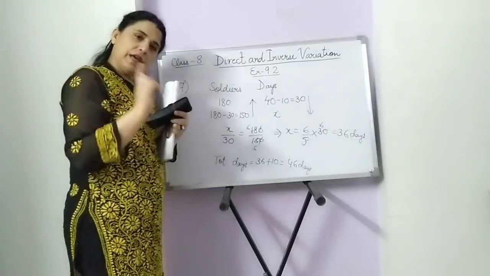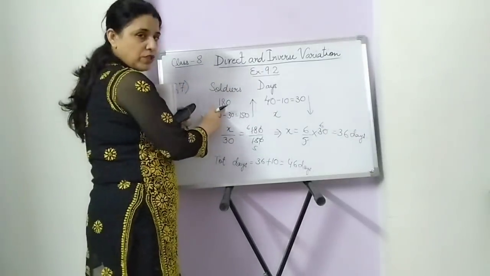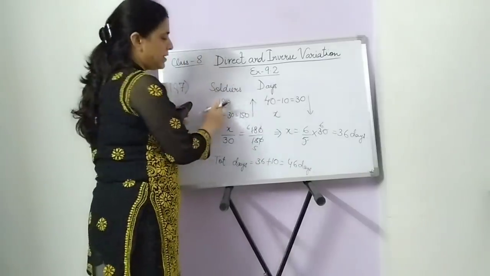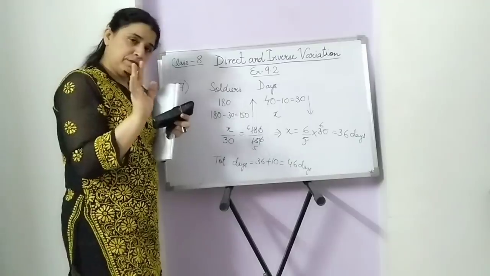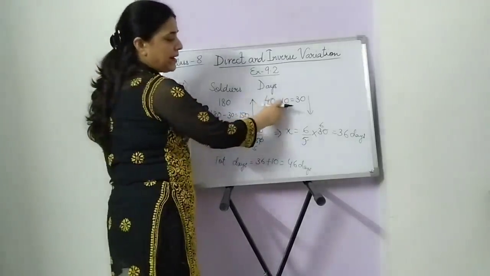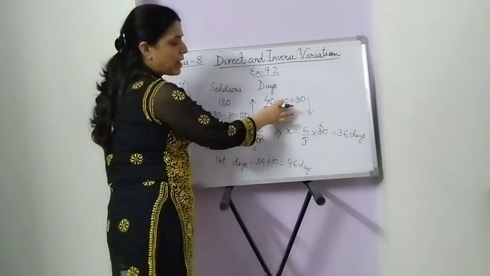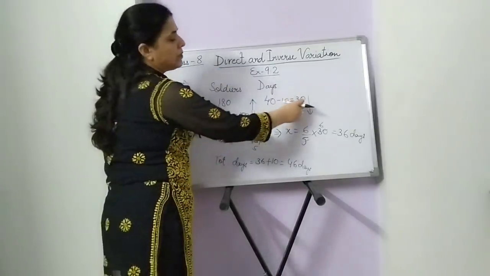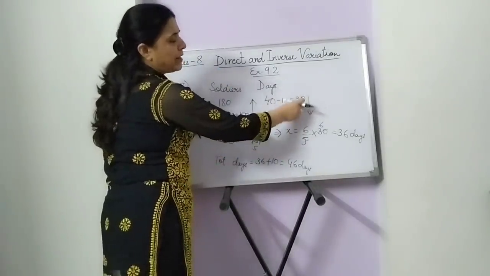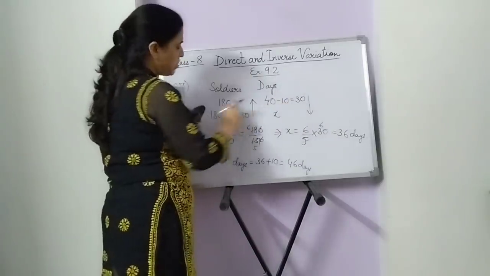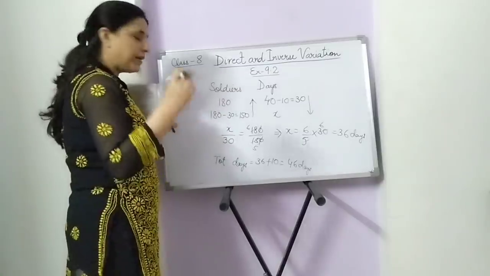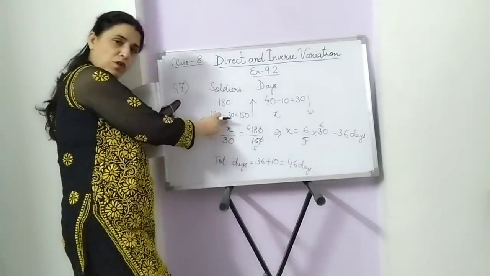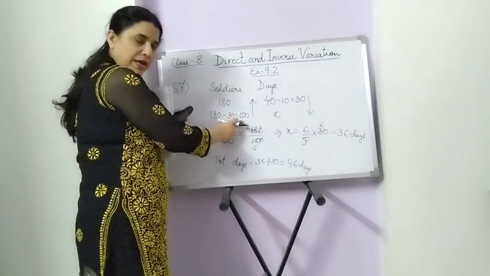Once again, food was there for 180 soldiers for 40 days. After 10 days, whatever days are gone, we subtract, because the leftover food has to be consumed by these soldiers for 30 days. But now 30 soldiers are leaving the fort, so the soldiers are decreasing.